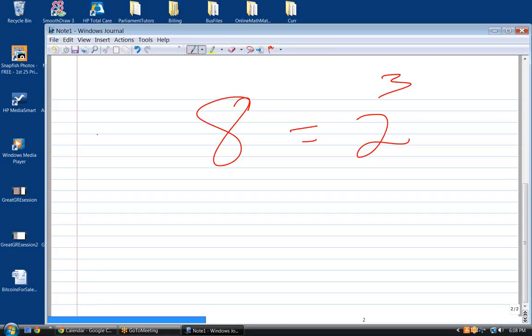Okay, well this is real key. You need to be able to switch back and forth between exponential expressions and log expressions. In other words, you need to know that if y equals b to the x, what's the log expression of that? Of y equal b to the x.